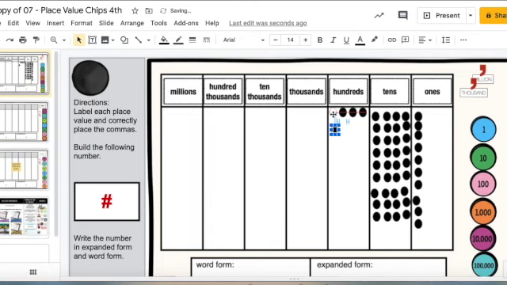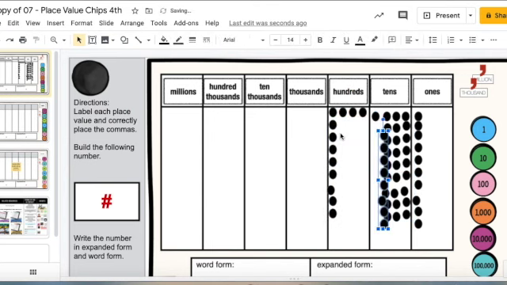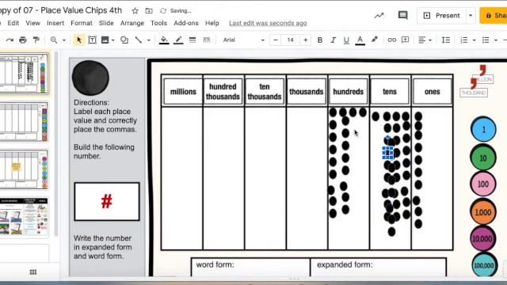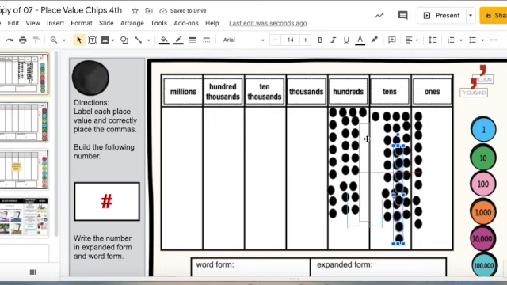So let's look at it this way, a quick example.